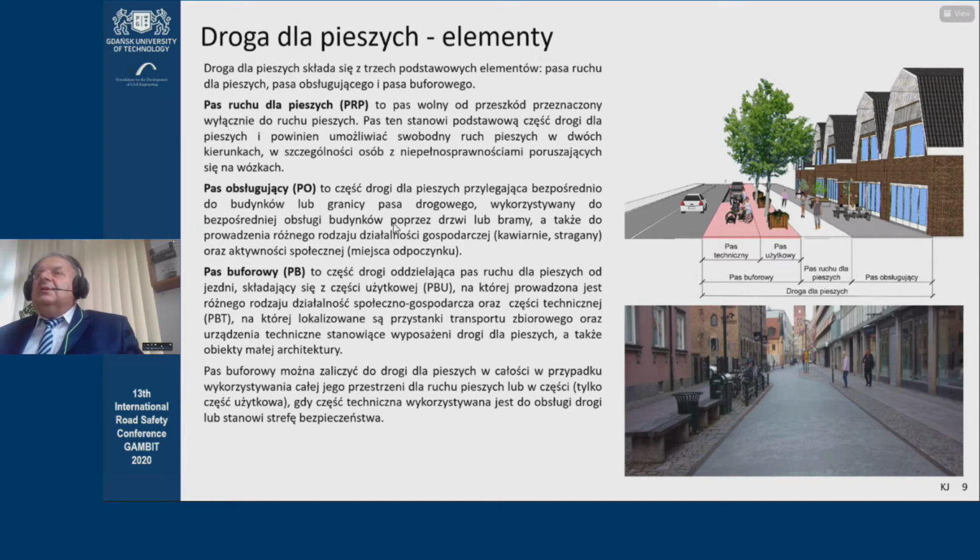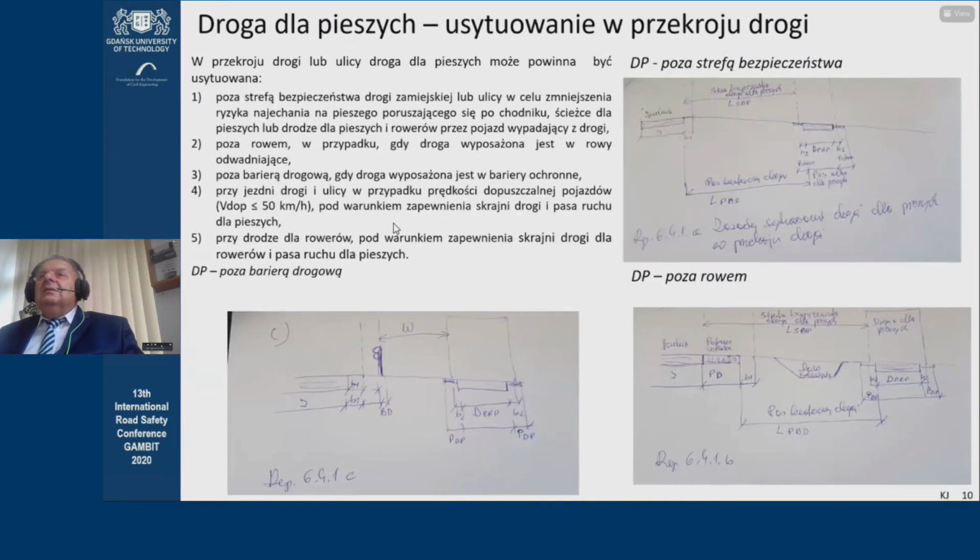This must be free of obstacles. We'll tell you later about what the detailed requirements are. Supporting lane, which is partly access to buildings, and the buffer lane, which divides the main walkway from the driveway. This is subdivided into usable and technical part.